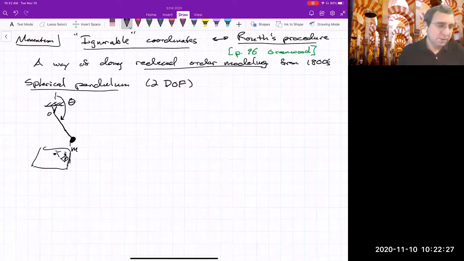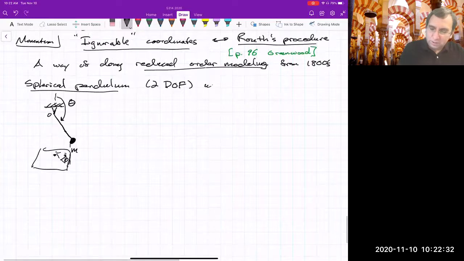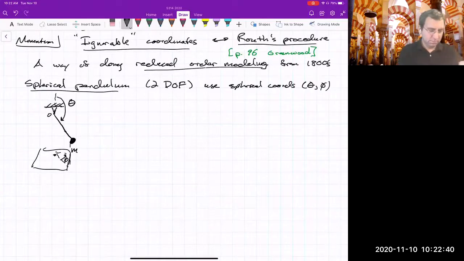Okay. So we use spherical coordinates to describe the location, theta and phi. We'll call that one q1 and this other one q2.